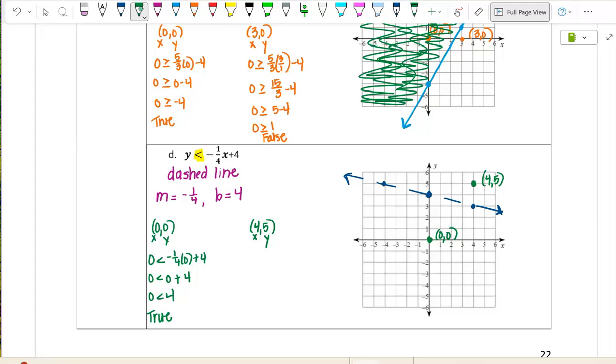So again, I'm expecting to get a false statement when I do my math on this next one. If I get that this one is also true, I would need to go back and double check my math.